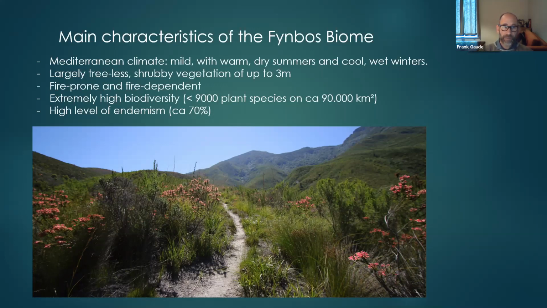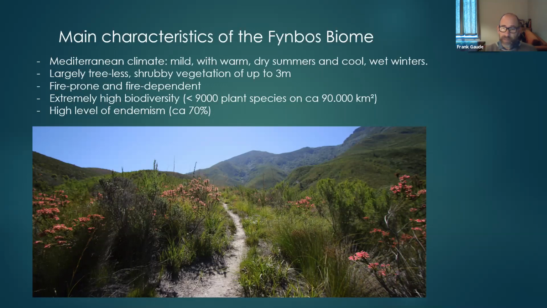And if it doesn't happen often enough, then the vegetation becomes senescent, so that it stops growing, stops flowering. Many species don't even bother to emerge after rains. For example, some orchid and bulb species are fire dependent, and they will only show themselves after fires or in the first few years after fires.